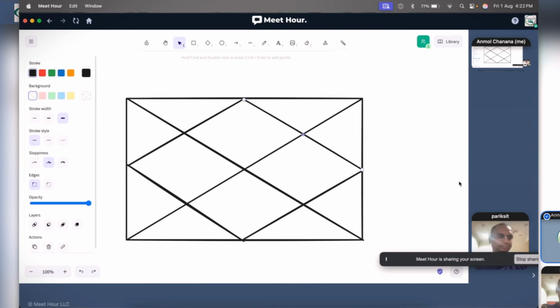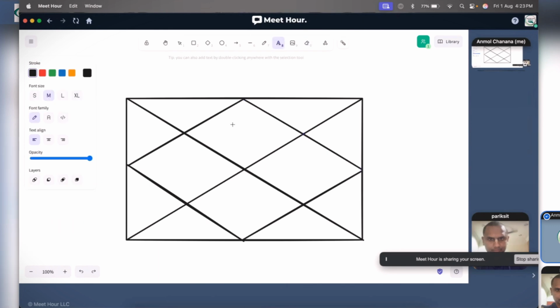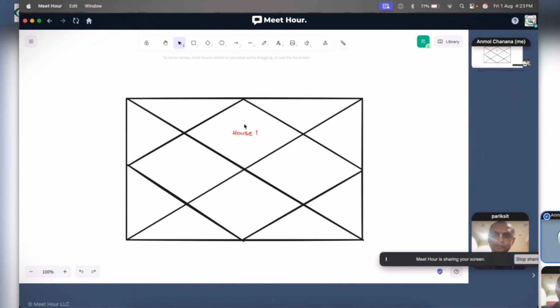So in this chart, let's start out here. This chart always starts from this box, house one.